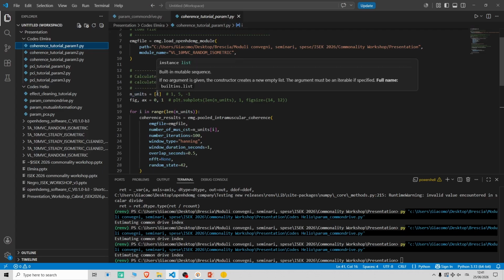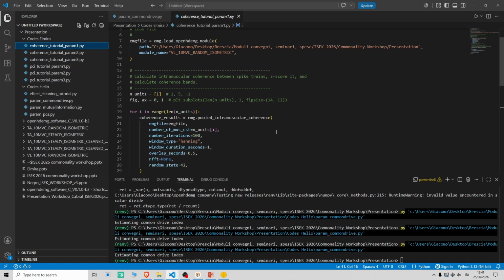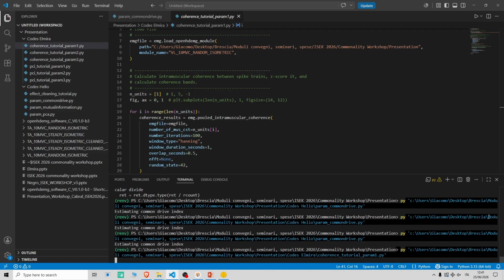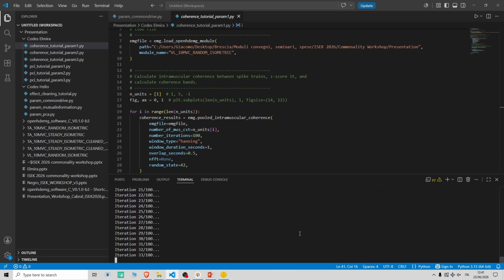So as I start, I'm going to put 1 motor unit per each CST, per each cumulative spike train, to see how that would affect our coherence estimate. Let's run it. It's going to repeat for 100 iterations as I mentioned before, and we will get the coherence estimate for 1 motor unit per each CST.